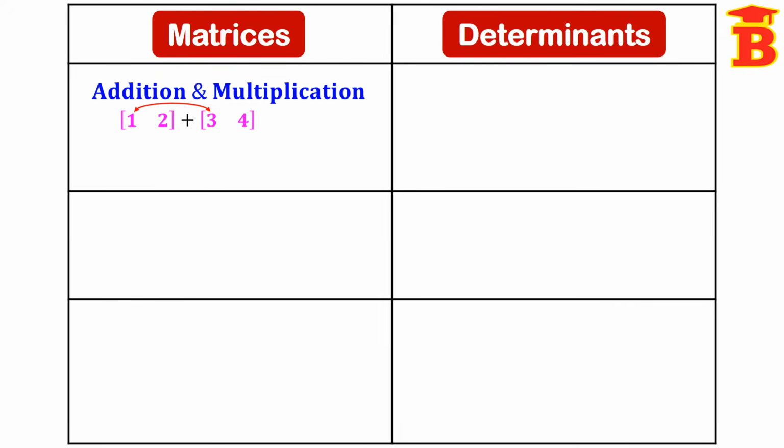That means we have to add this first number and first number, that is 1 plus 3. Next we have to add the second number and second number, that is 2 plus 4. So this gives the answer 4, 6. This 1 plus 3 is 4 and then 2 plus 4 is 6.